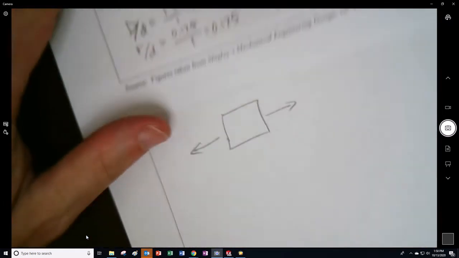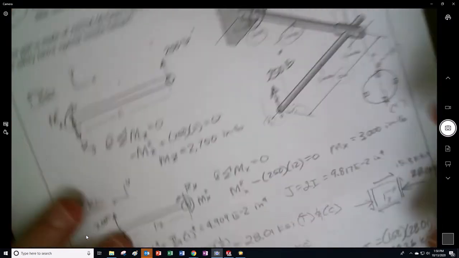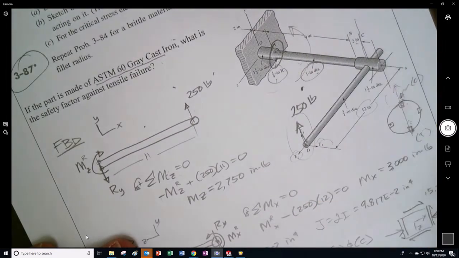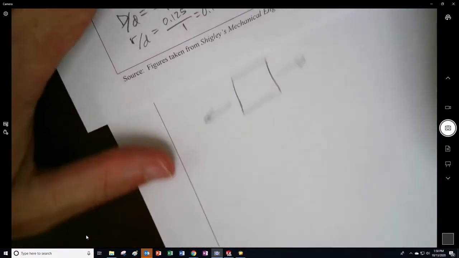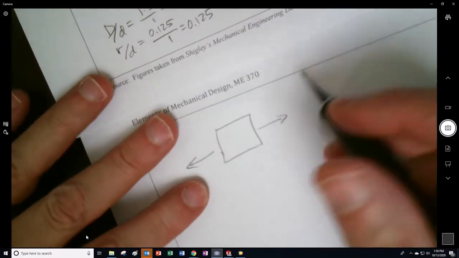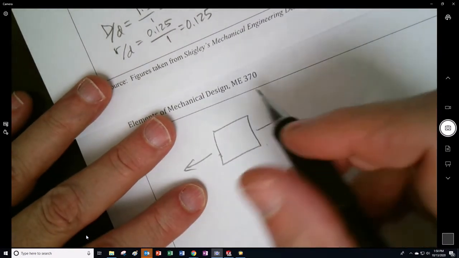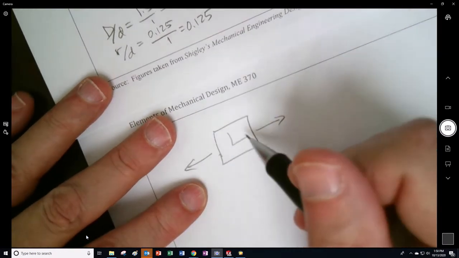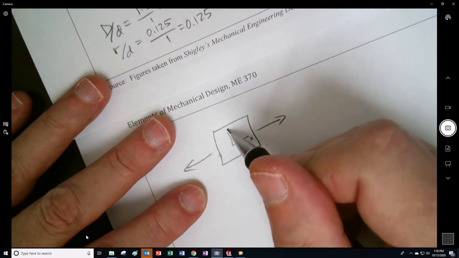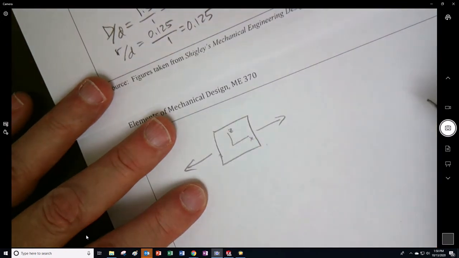So when we're taking a look at our stress element that we're going to pick for this thing, we're actually going to be looking at the one that's on the bottom of this, because that's where it's at tension. So I draw that in here. We're looking at the underside of it. That's the direction that the Z would be going.